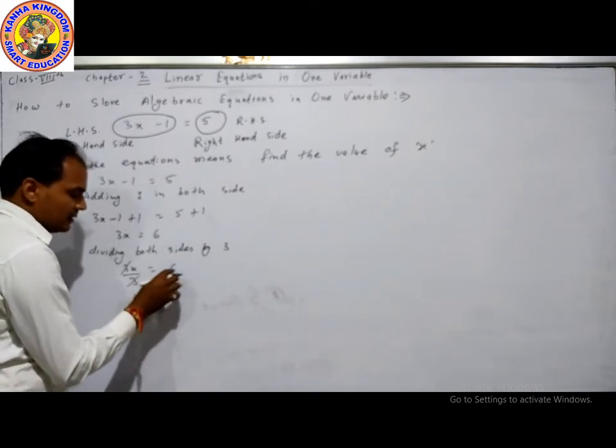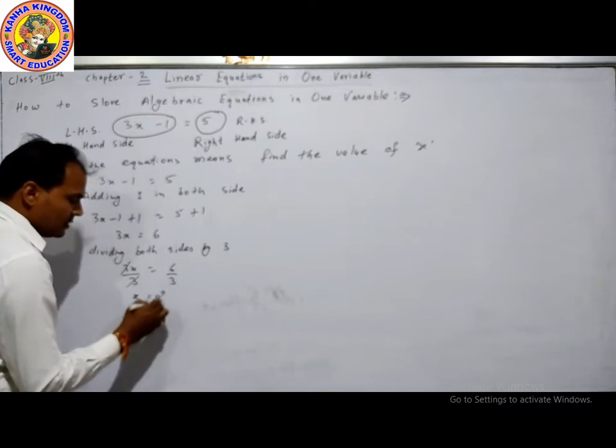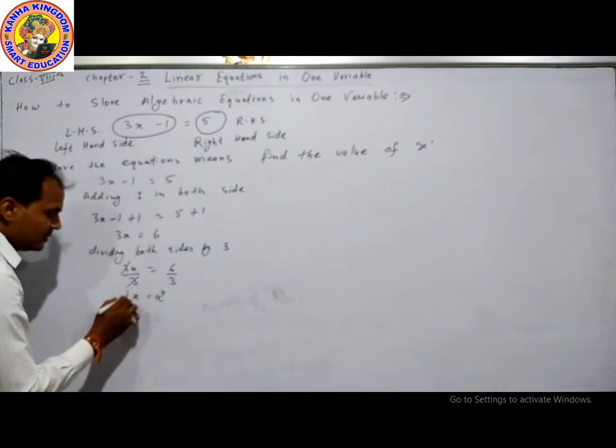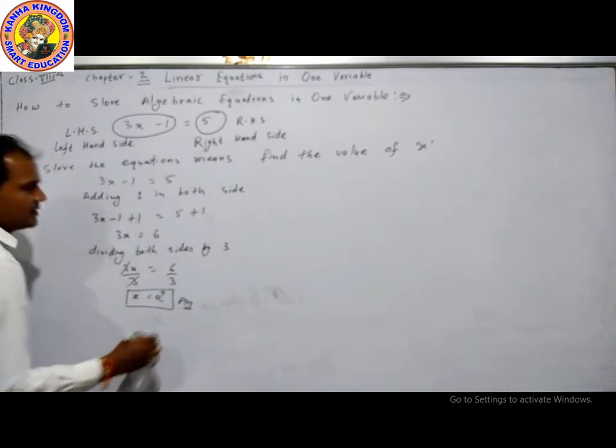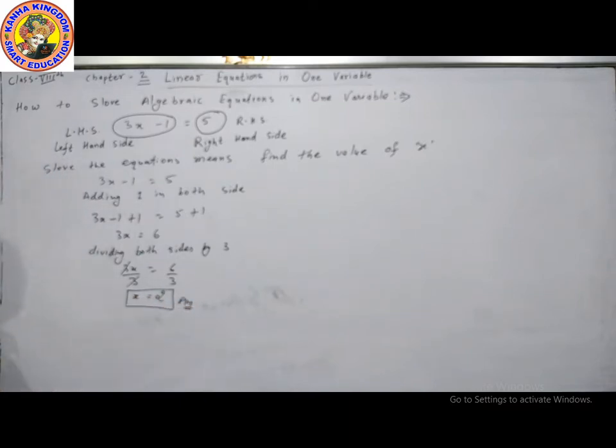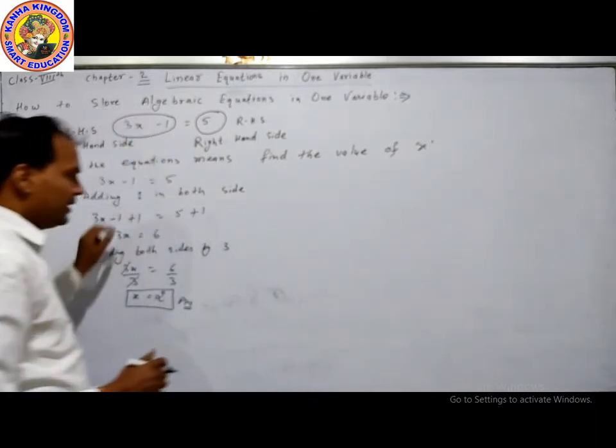Divide 6 by 3, answer is 2. Then final solution, x is equal to 2. This is the answer. This is a method in deep.